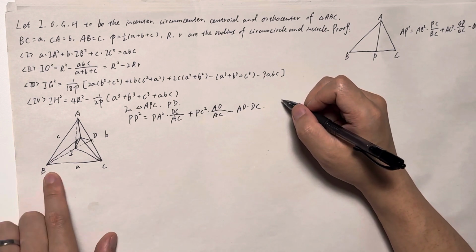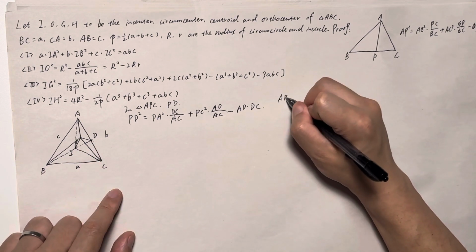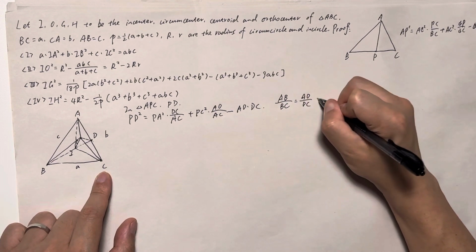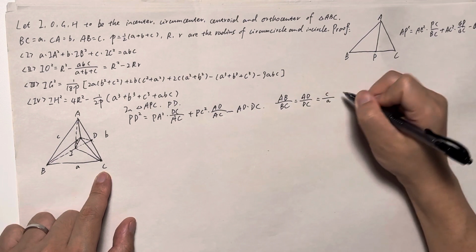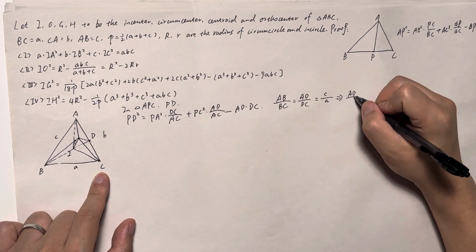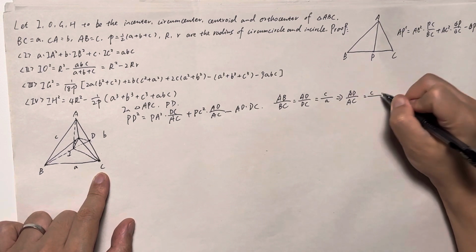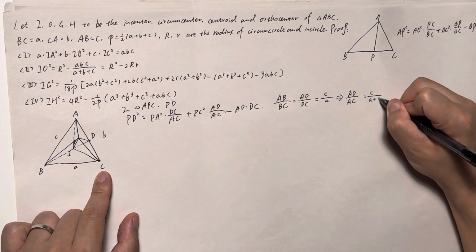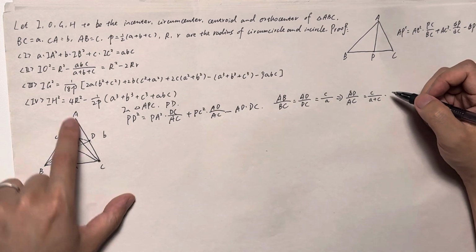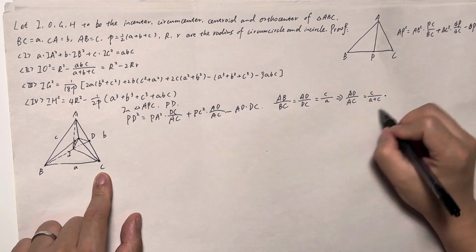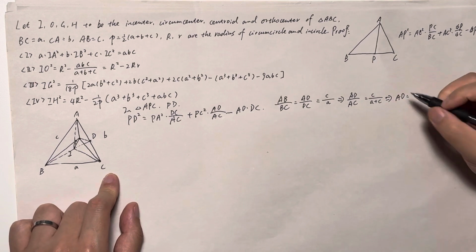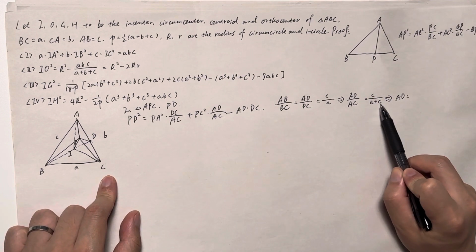Because BD is an angle bisector, AB divided by BC equals AD divided by DC, which equals c divided by a. That means AD to AC equals c divided by a plus c. So we got AD equals c divided by a plus c times AC.